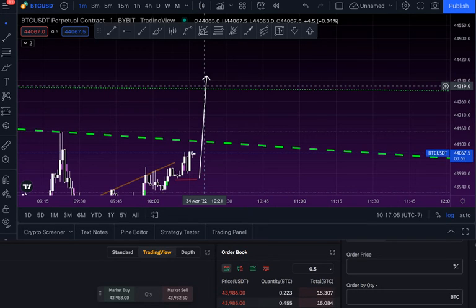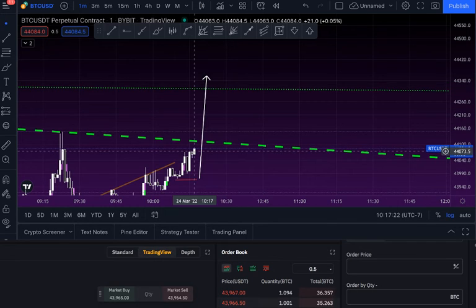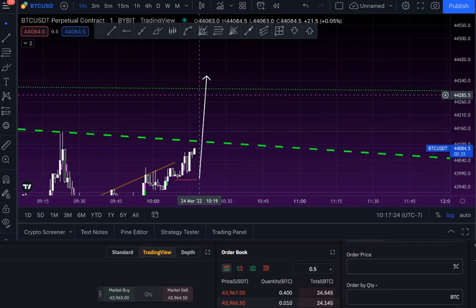Short liquidations starting to be found up here though. I think there could be more above. More max pain. Again, I'm really watching this level for a big bounce.